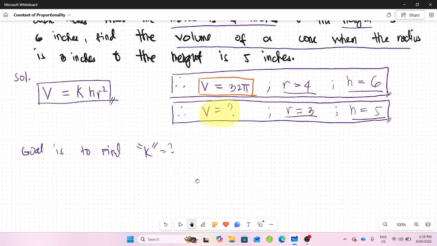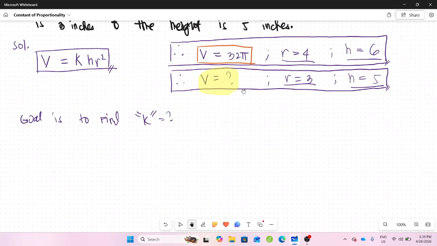Okay, let's solve for the value of k so that we could solve for the volume of the second statement. So for k, let's derive that one. That should be v equals k h r squared.